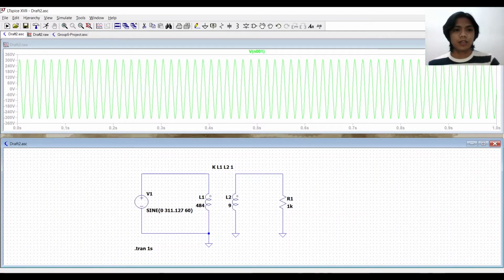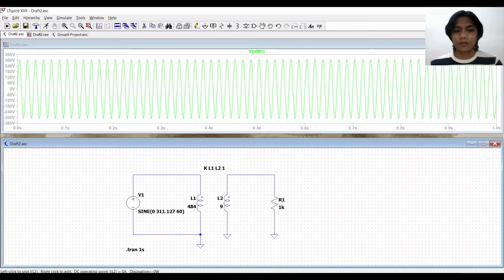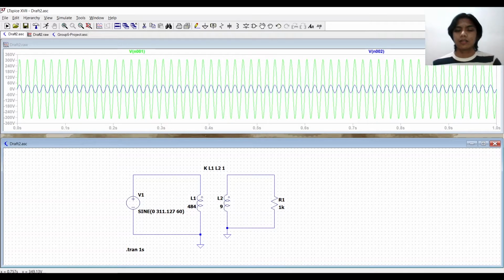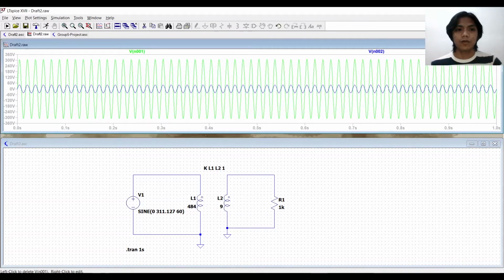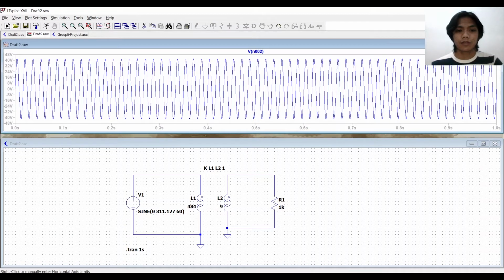Now that I have shown you the input waveform for the transformer, we should also show this one. This is the secondary voltage after the input voltage has passed through the transformer.